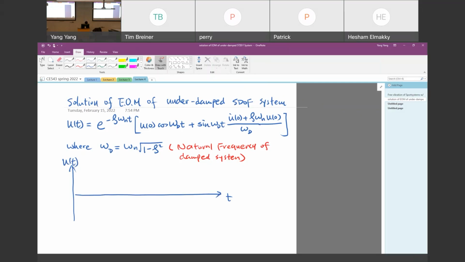Basically, we will have something like this: the amplitude decreasing each cycle.